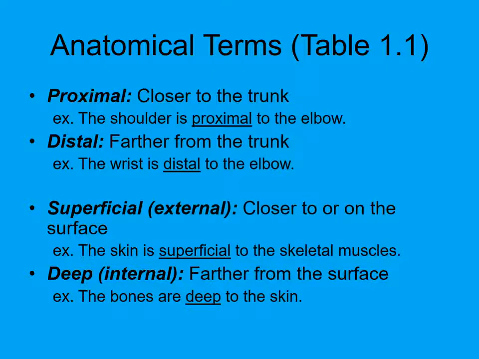So the elbow is proximal to the wrist, meaning that the elbow is closer to the trunk, closer to the shoulder than the wrist would be.